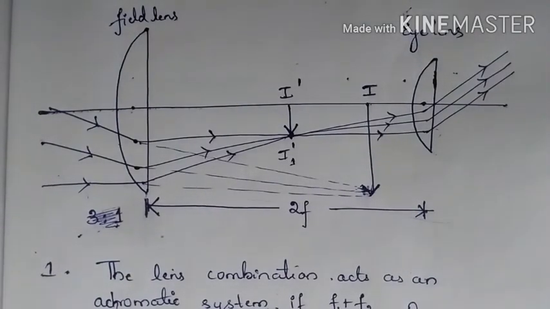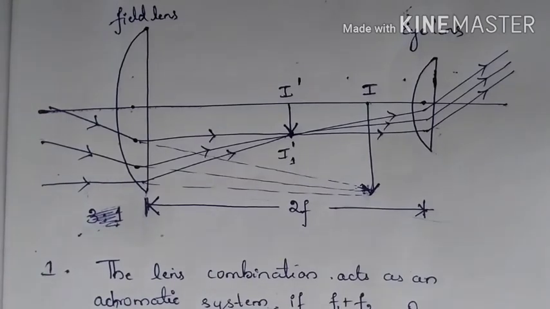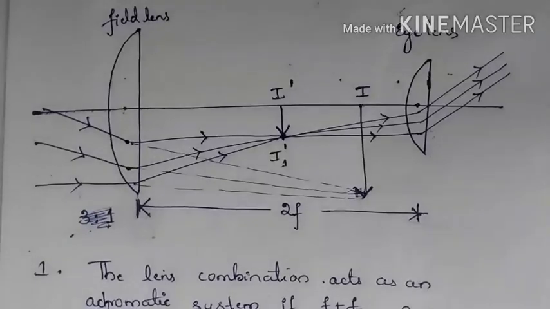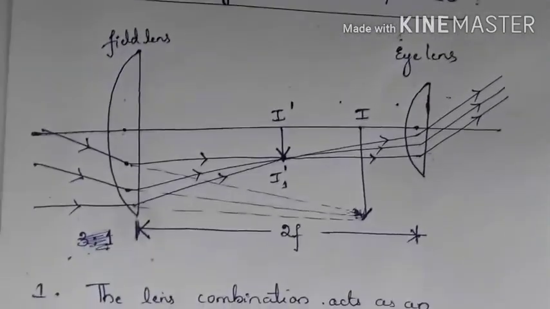So condition for chromatic aberration is what? D should be equal to (F1 plus F2)/2, and the condition for spherical aberration is D should be equal to F1 minus F2. So these things we'll learn in our next class. So for now, this is the Huygens eyepiece and the diagram.